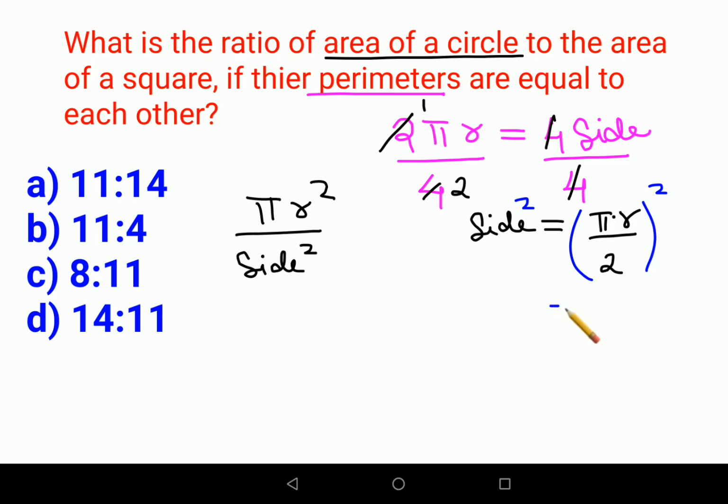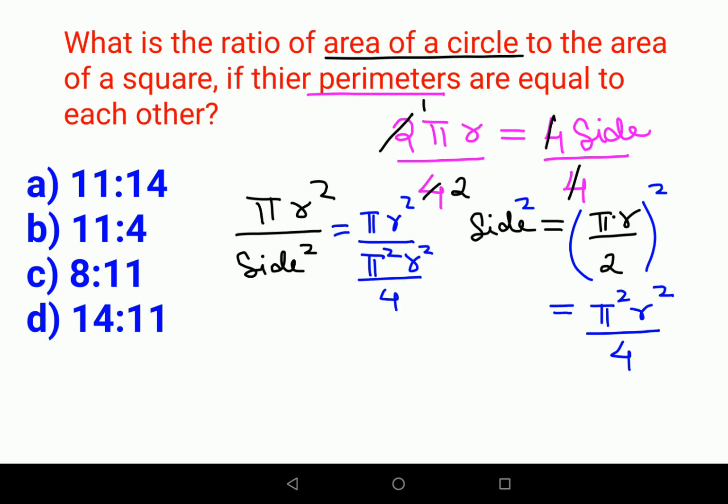So this comes out to be pi square r square upon 4. So let's put it over here. We'll keep pi r square as it is, and then we have pi square r square upon 4.